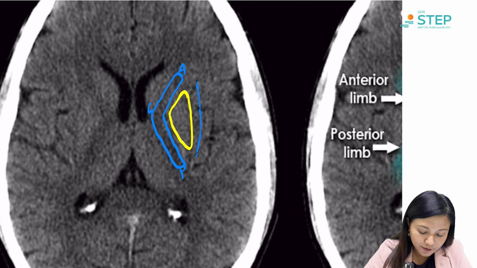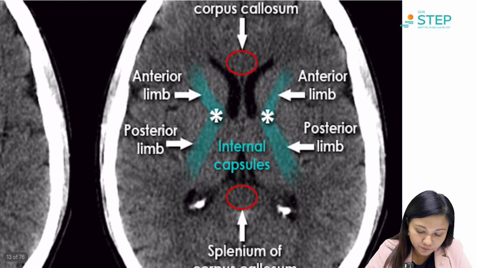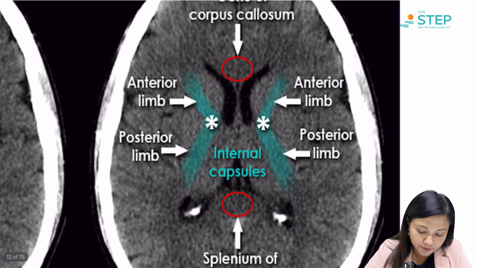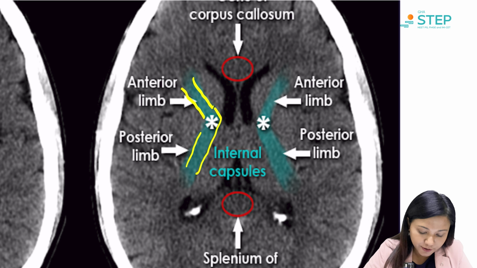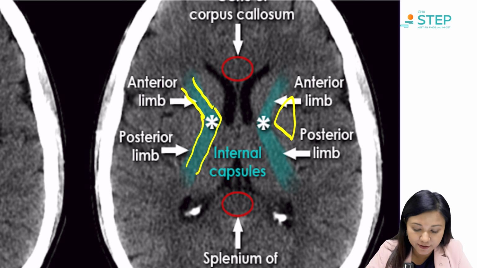Okay, and after the lentiform nucleus you will have another capsule. This capsule is the external capsule. So as you can see here, this is the anterior limb of the internal capsule. Okay, and this is the posterior limb and genu, and then you will have the nucleus here, and that nucleus is the lentiform nucleus.